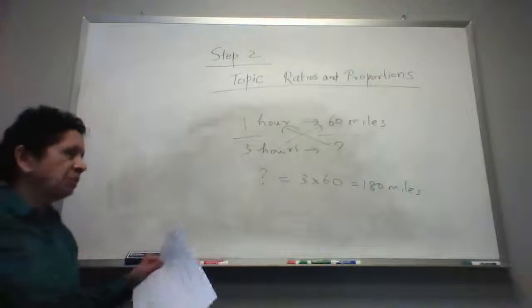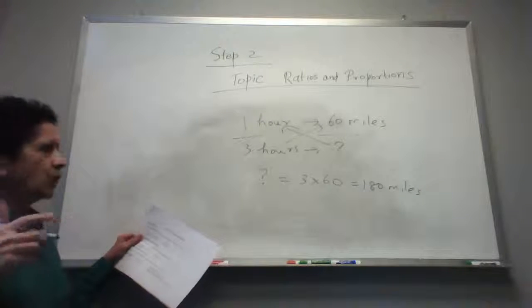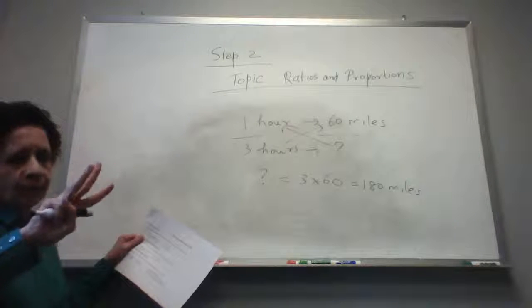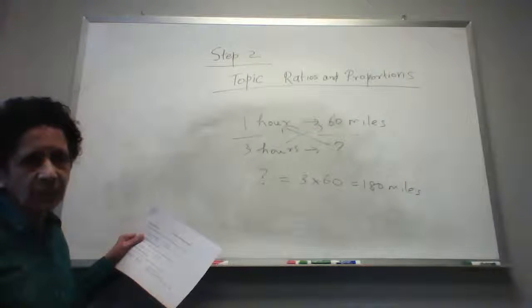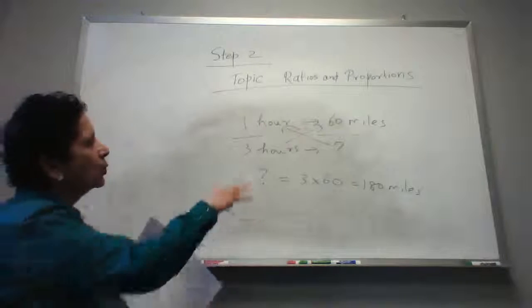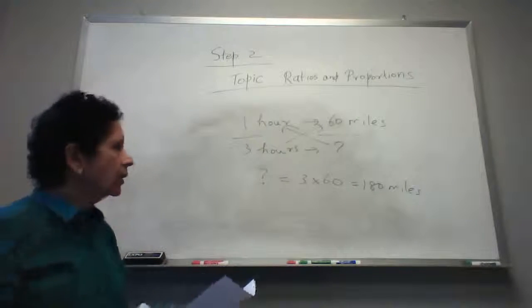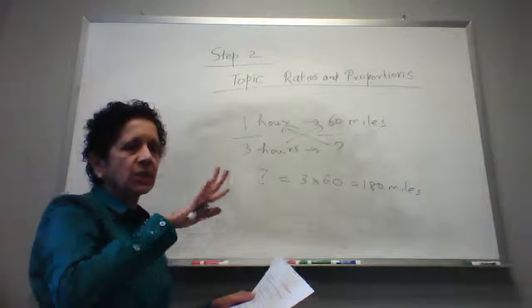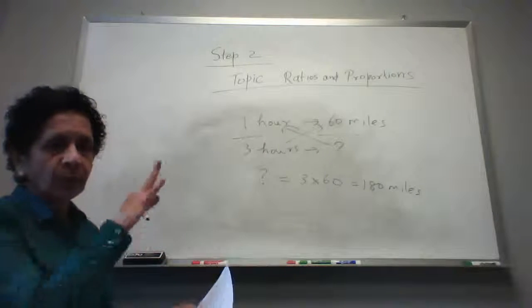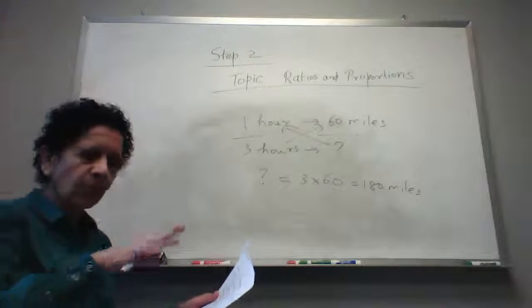This problem is very easy. If you travel 60 miles per hour for 3 hours, you could have just done 3 times 60 also. You don't need to set it up like this, okay? There are so many different ways you can solve it. But this way, consistently, all the proportion problems, you can set it up like this. That's why I'm demonstrating like this, okay?